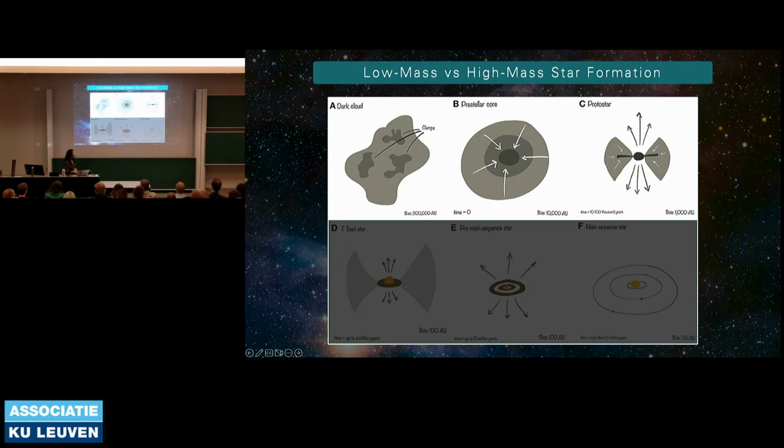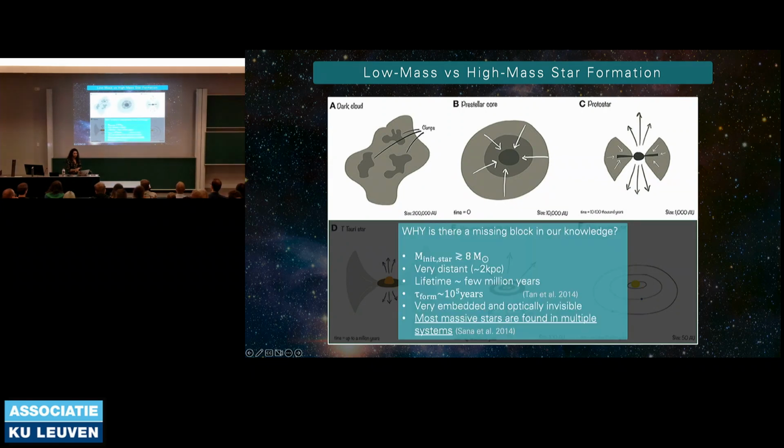So it's really hard to observe them, and why we have a missing block in our knowledge is mainly because they are really massive and really distant, around 2 kiloparsecs away, and their lifetime is really short. That also reflects in the formation timescale. It's around 10 times shorter than for low mass star formation, so it's really hard to spot the different stages in the massive star formation.